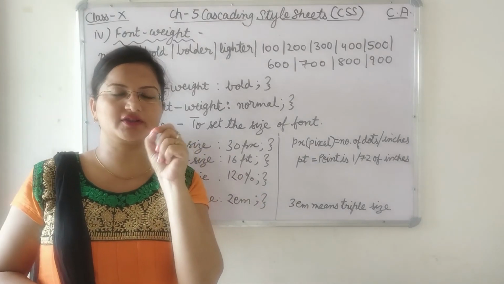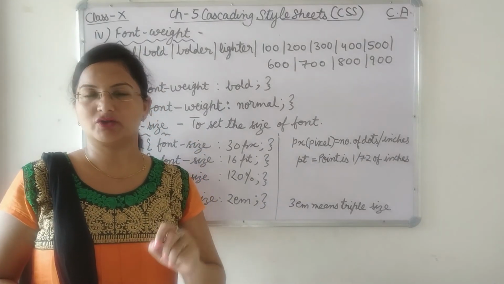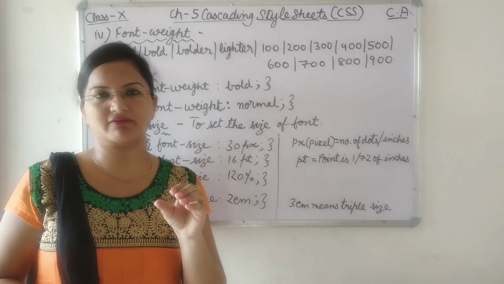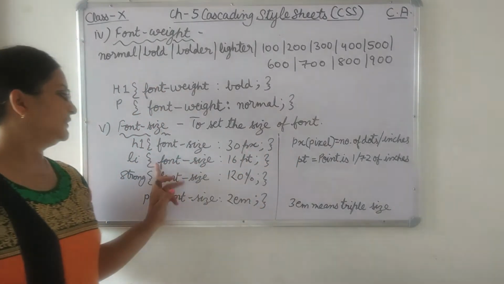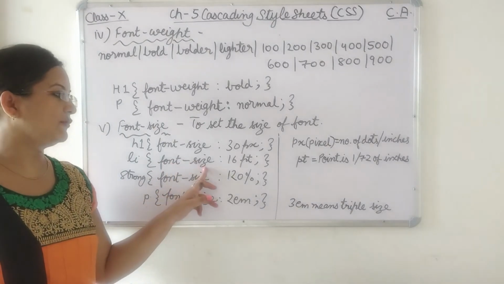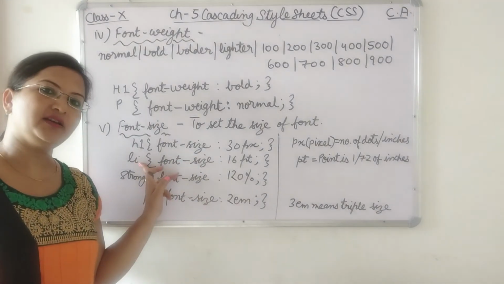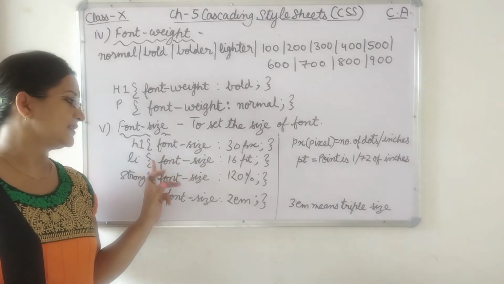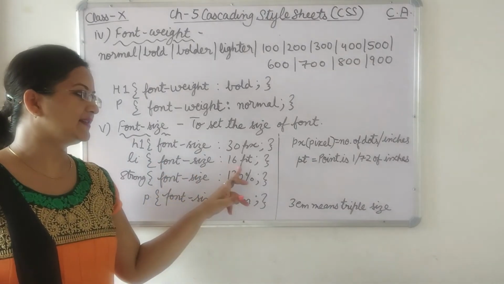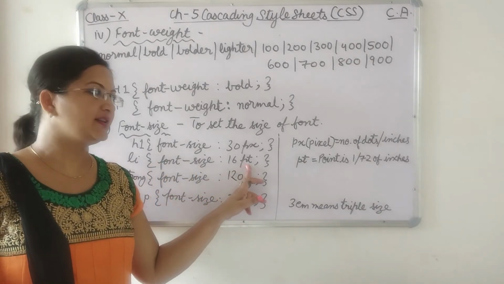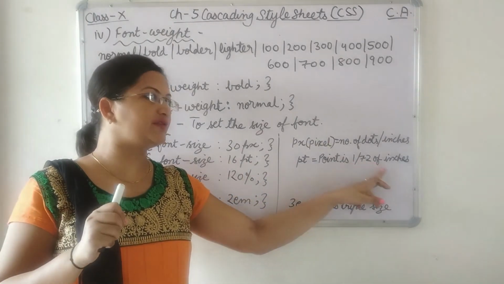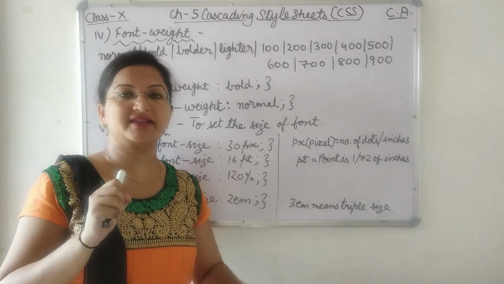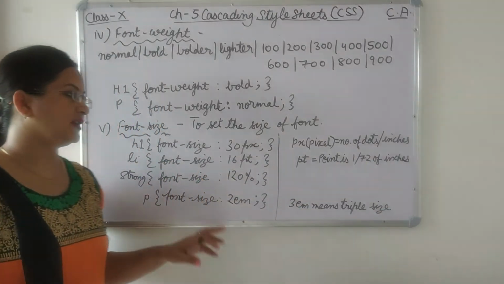One single dot on the screen is known as a pixel. So in 1 inch area, whatever number of dots there are, the size will be set accordingly. Then LI, list item in an unordered or ordered list, font-size 16 points. Now what is a point? A point is actually 1/72 of an inch.